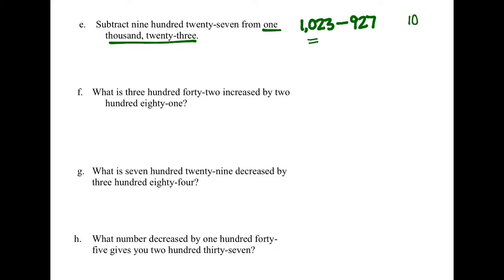Okay, so let's line it up so we can subtract. Okay, so borrow from the 2, 3 is a 13, 13 minus 7 is 6. So now we're going to borrow from the 10, the 1 is now an 11, 11 minus 2 is 9, and 9 minus 9, we don't need anything, so just 96 is your answer.